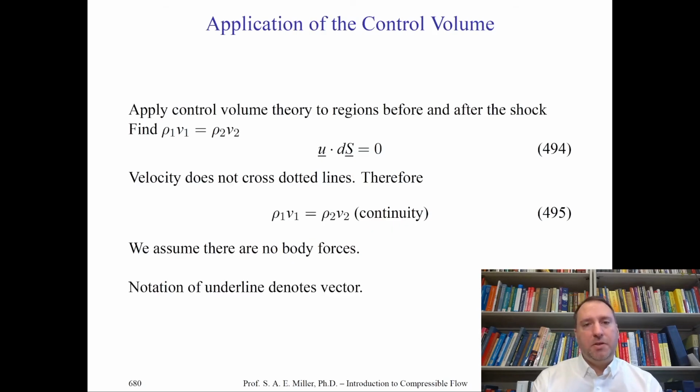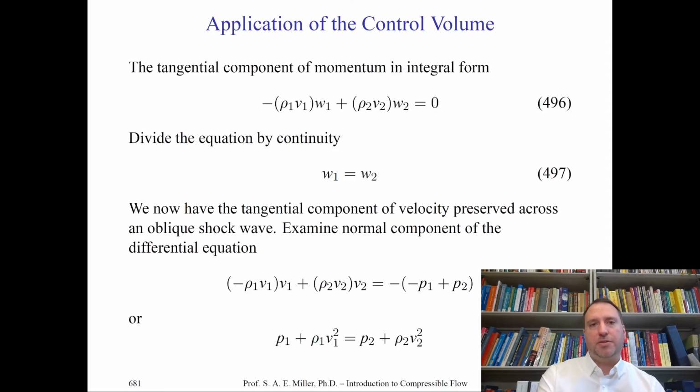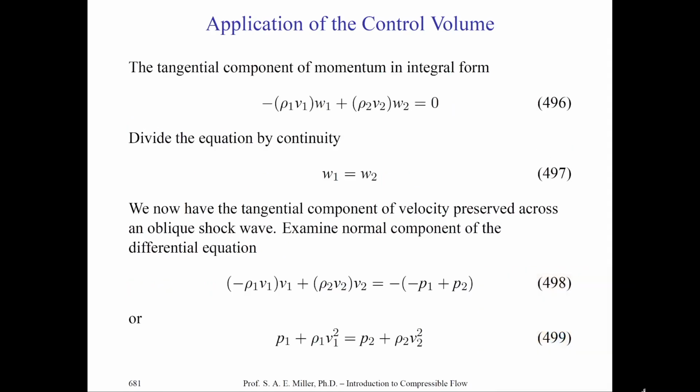Now, we can assume that there's no body forces. We'll say that gravitational effects are minimal in the region of the differential element across the control volume. And notice I placed underlines to denote vectors. Next, let's look at the tangential component of the momentum in the integral form. And so we're only looking at the momentum equation in the tangential direction and, of course, the normal direction.